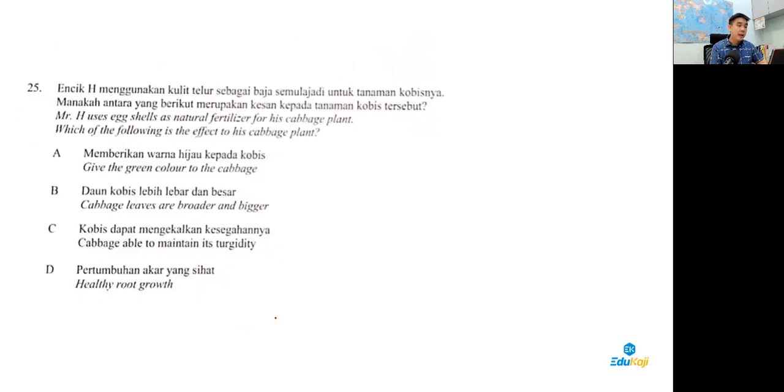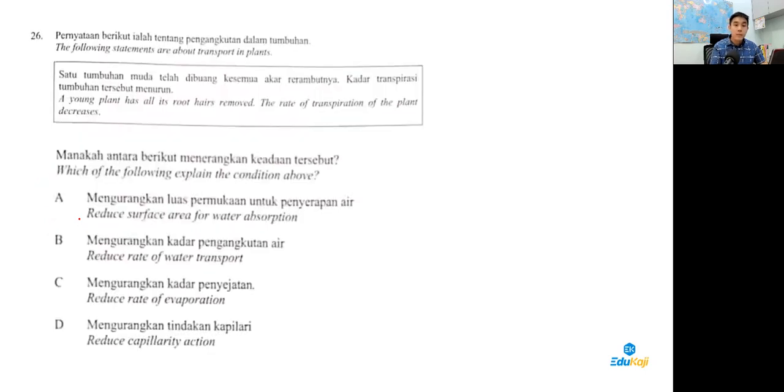Mr. H used eggshell as fertilizer. All right. So which of the following is the effect? It grows better because there are minerals in eggshell. Example, calcium. So 25 boy, and 26.